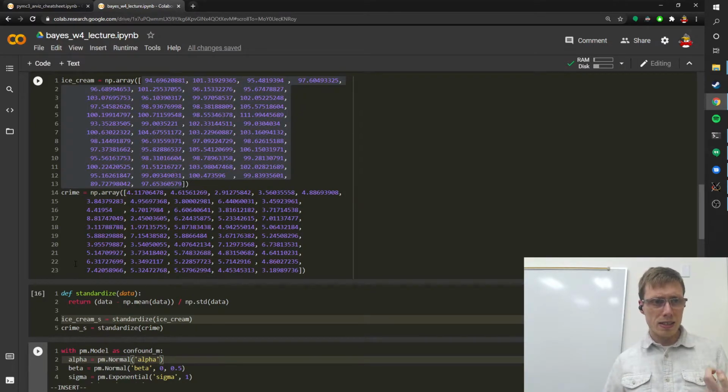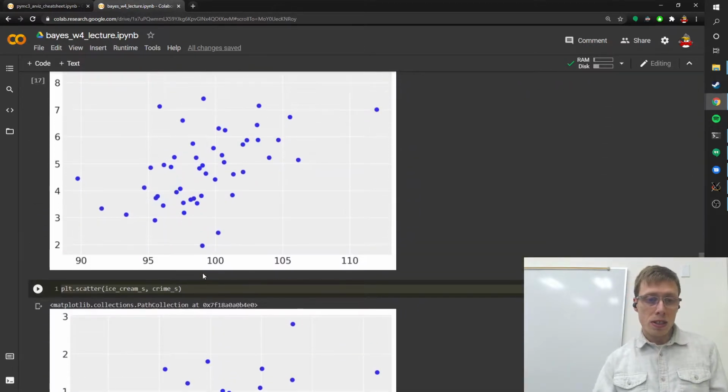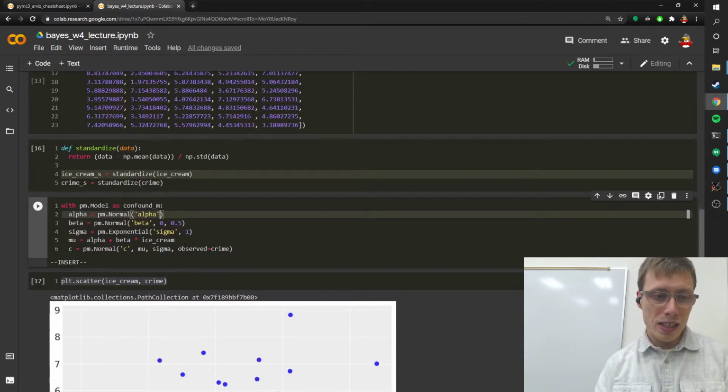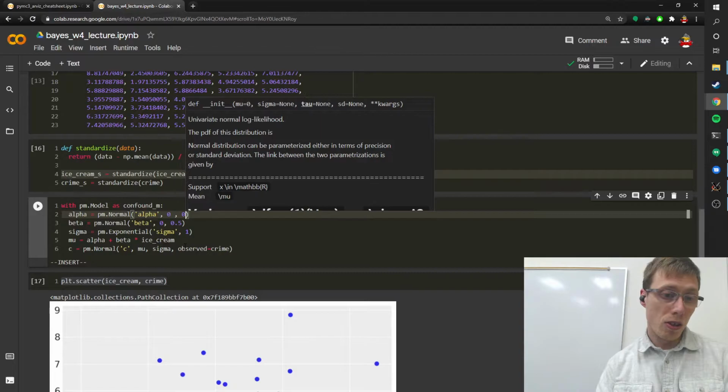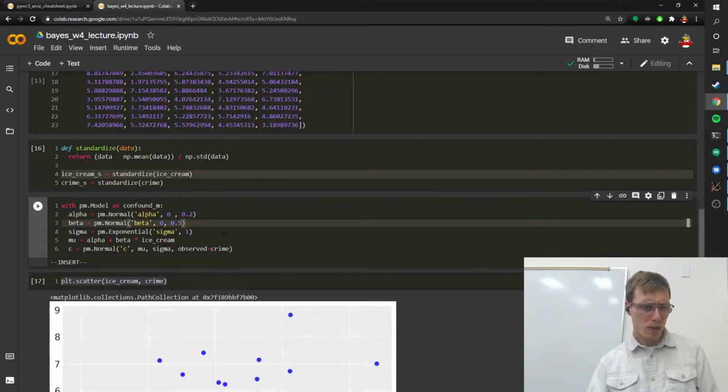And so the idea is that when ice cream is at its average value, we would expect that crime would also be probably at its average value. And because it's been standardized, its average value is 0. So it makes things very easy, because we expect the alpha to be 0 or close to it. And so I believe in the book he ends up using 0.2 thereabouts.